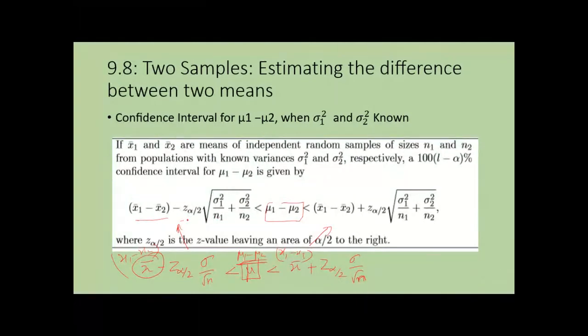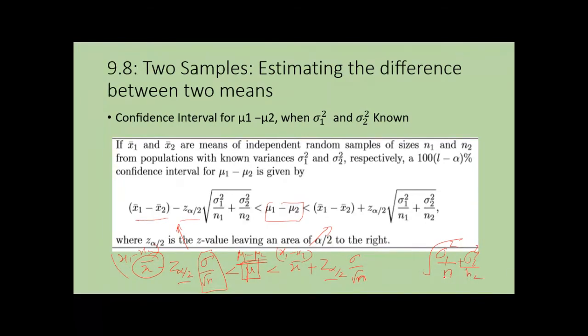Z alpha over 2 will be the same. Instead of sigma over root n, actually sigma over root n is the square root of sigma square over n. When there are two different sigmas, it will be sigma 1 square over n1 plus sigma 2 square over n2.